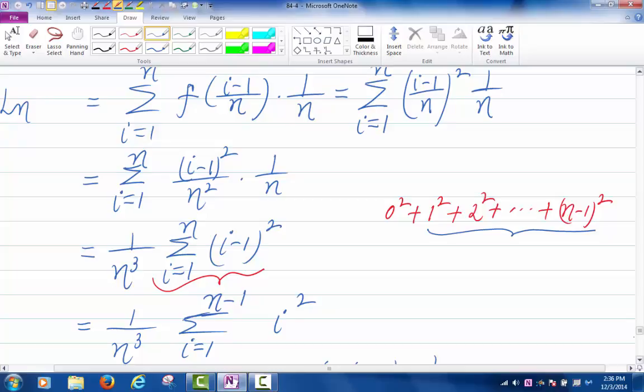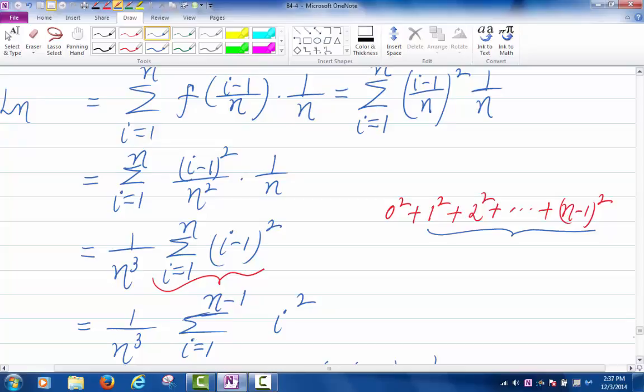Once again, I get 1 over n cubed, and I'm going to factor out 1 over n cubed outside the summation, because the summation is over I, not over n. Now I'm getting the summation, I going from 1 up to n of I minus 1 squared.